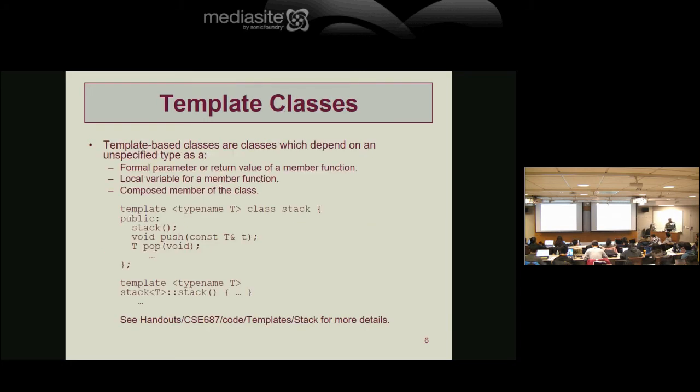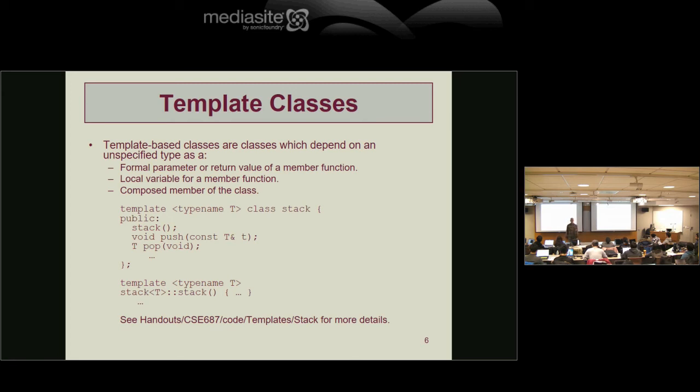Template classes. So here's a stack class: template type name T, class stack, public stack, push, pop, template type name T, stack stack. And you say, gee, the term stack appears in four different places.